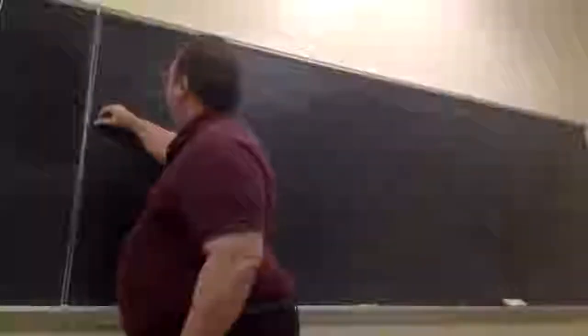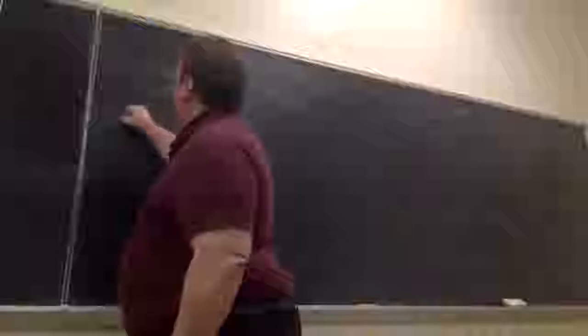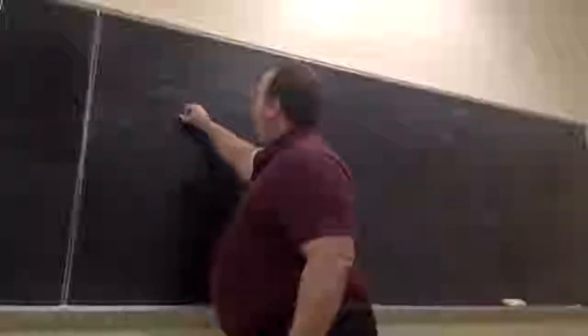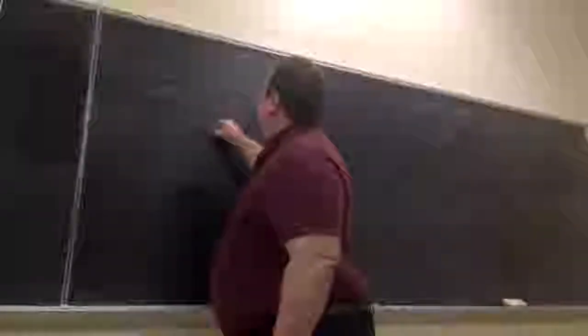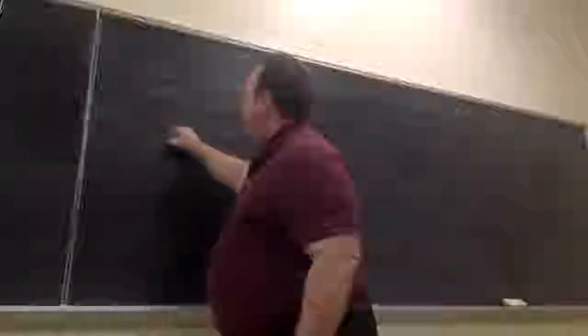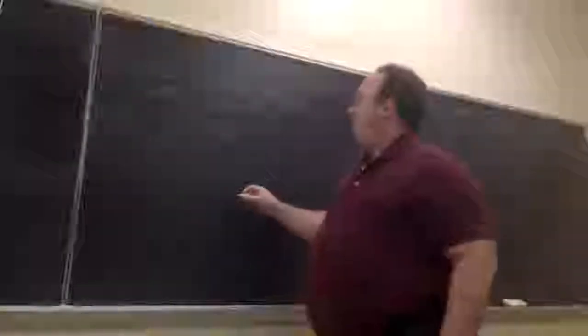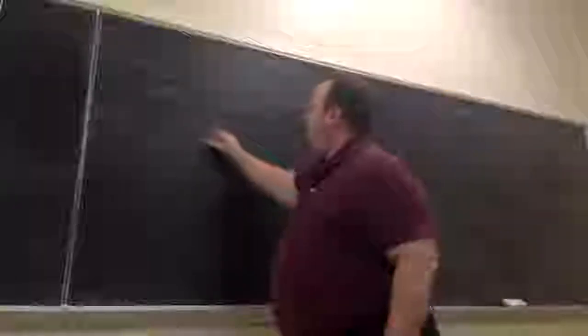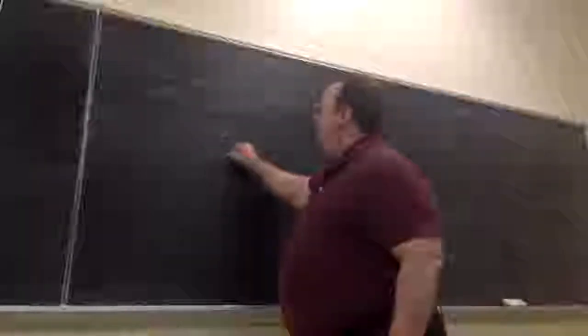Okay. So this may relate to things you're seeing in other classes. So I have a PDE, partial differential equation. I feel like writing it out. In this case, the heat equation, which is du/dt equal to some coefficient, I'll call it alpha squared, u_xx, the second derivative of u with respect to x.